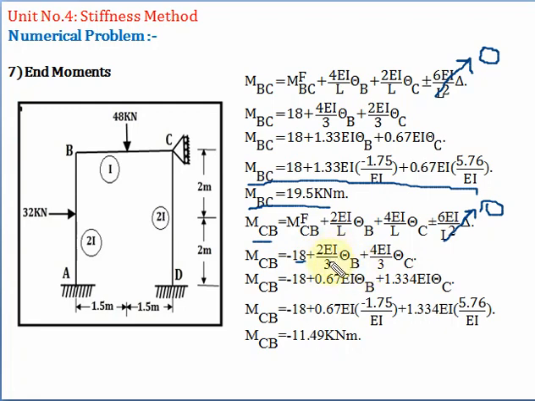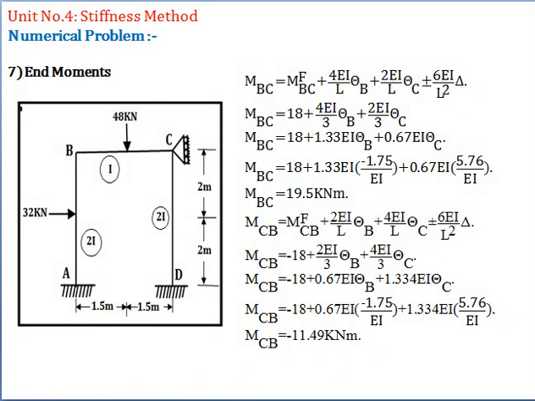So 2E upon 3 theta B, the value of I is I, and 4E upon L, here L is 3, the length of member BC, theta C. Now put the value of theta B as minus 1.75 upon EI and theta C as 5.76, and we'll get the end moment in member CB equal to minus 11.49 kilonewton meter.